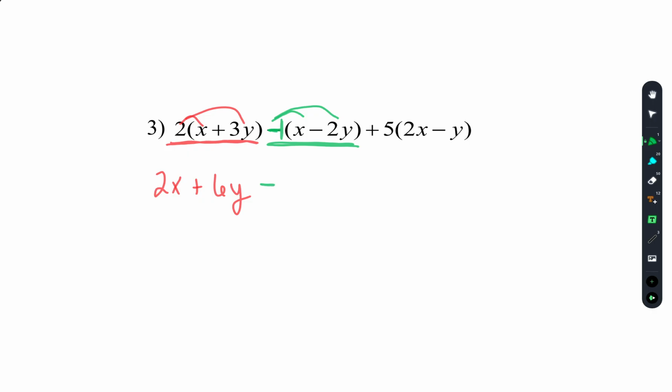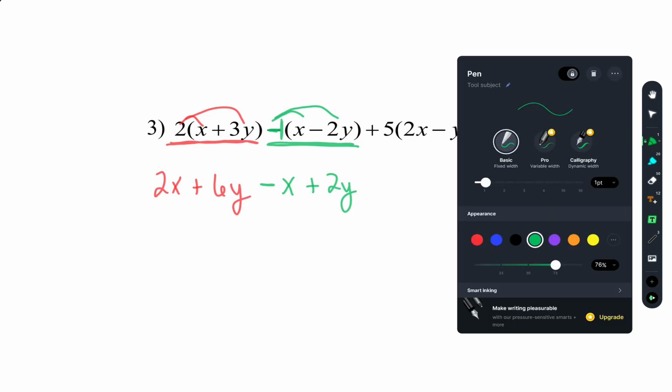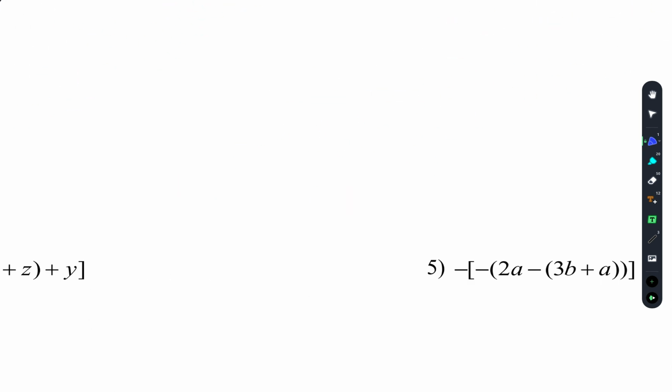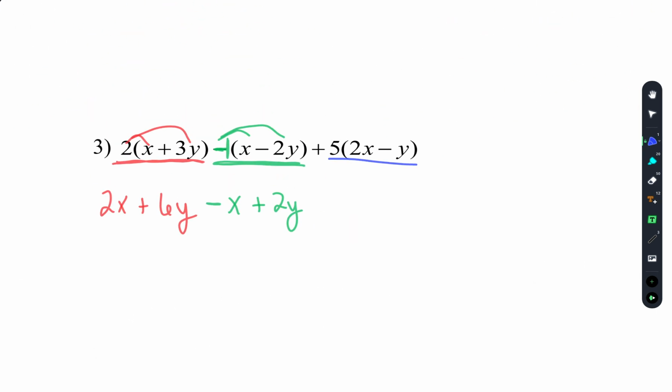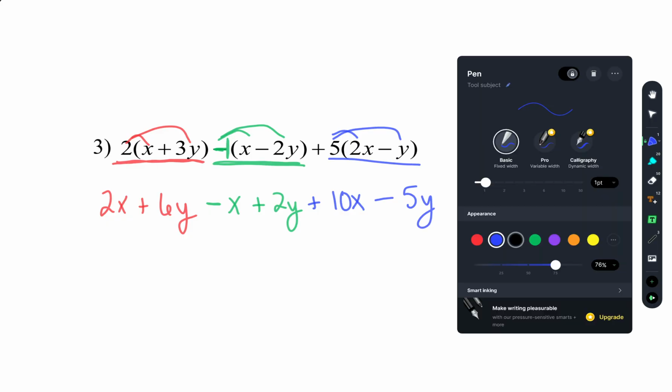So what I'm going to write it as is minus x and plus 2y. Okay, so you're going to distribute the minus sign and change the signs. And then for the 5, again, we've got the plus sign. So you're going to go plus 10x minus 5y. Okay, so you do each of them separately and they're separated by addition or subtraction. And then now you're just going to combine your like terms and don't mess up.